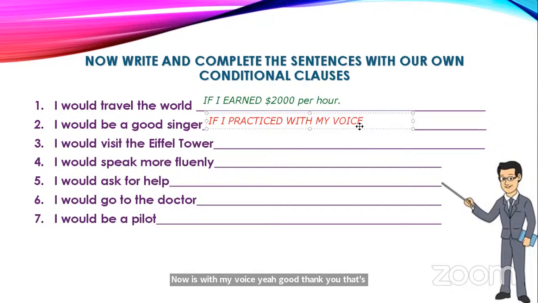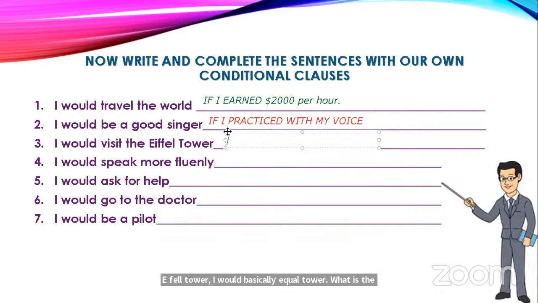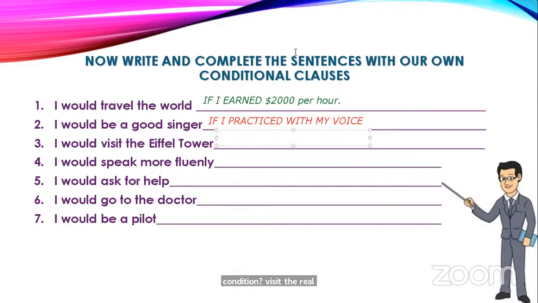Thank you. What about you, Ms. Rocio? Number 3. I would visit the Eiffel Tower. What is the condition? Visitaría la Torre Eiffel y sus condiciones. Yes, Ms. Rocio, what do you think? Any idea? No ideas.